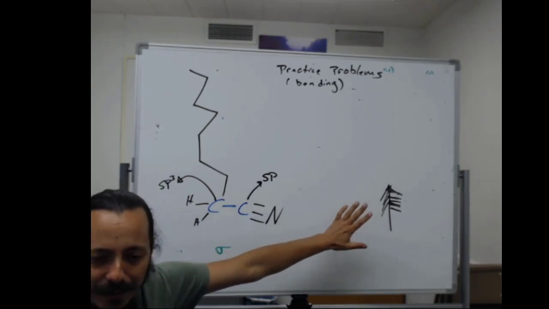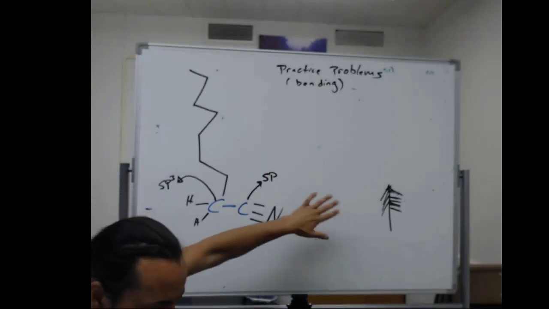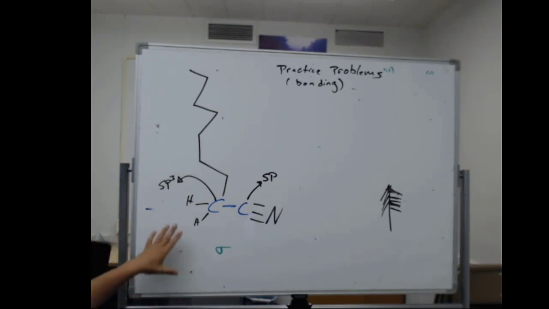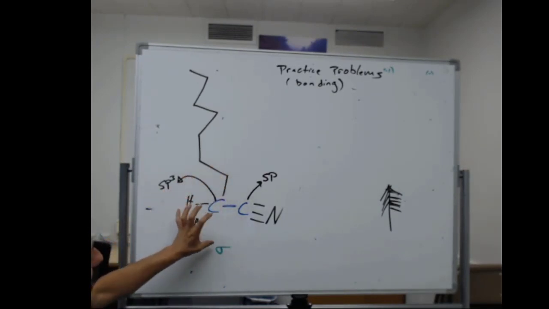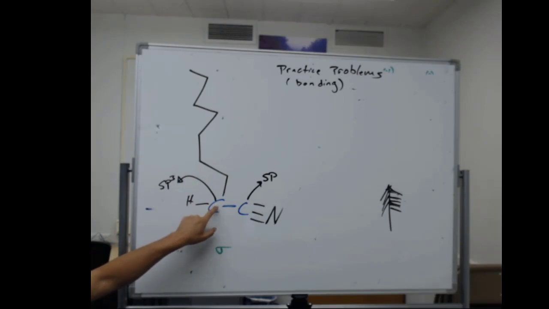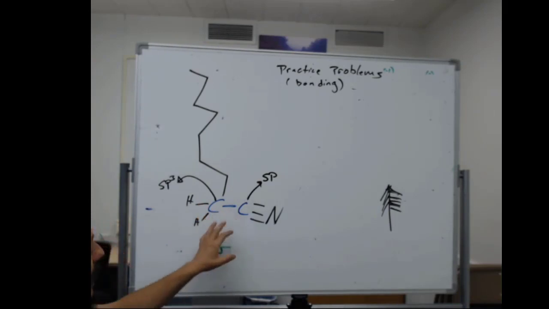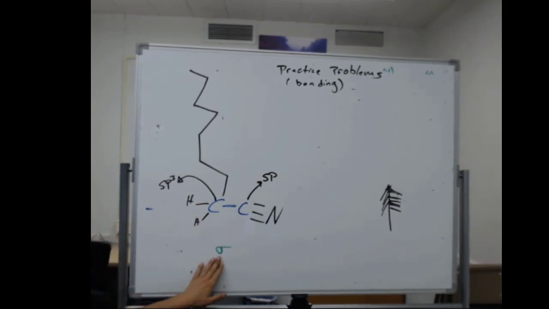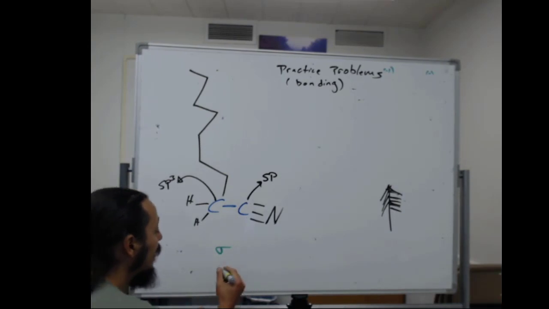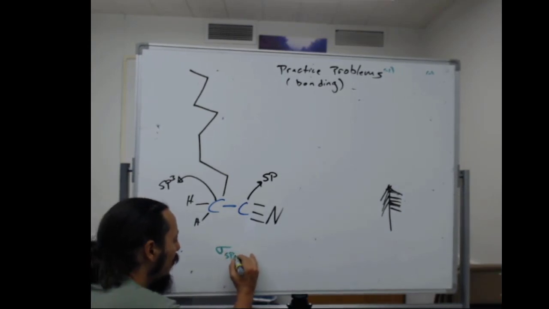If you get someone who's better at drawing, you can get a better picture. So the hybrids give us a better idea of what the electron cloud looks like around this carbon and around this carbon. By putting those together, we can get what the electron cloud looks like between the carbons. So this would be a sigma sp3-sp.